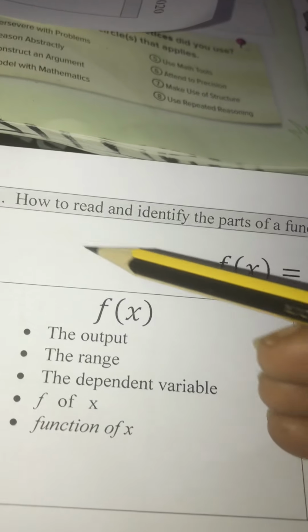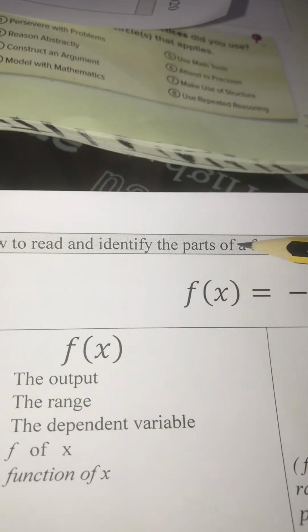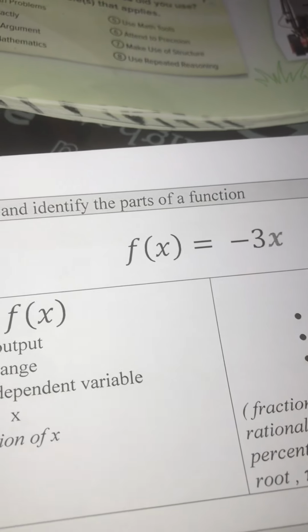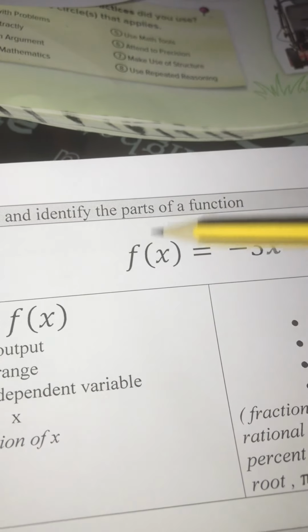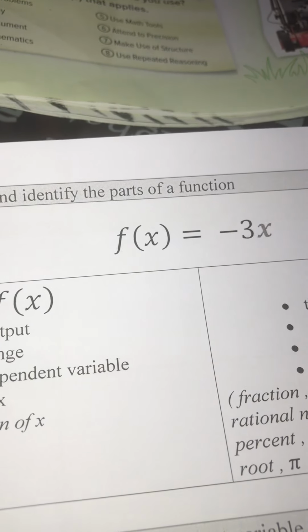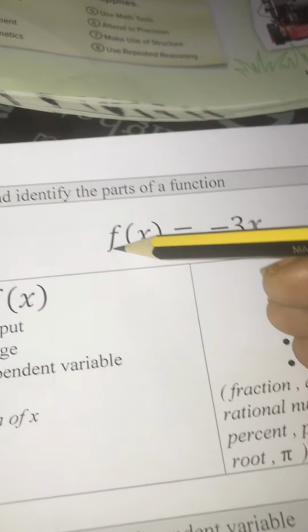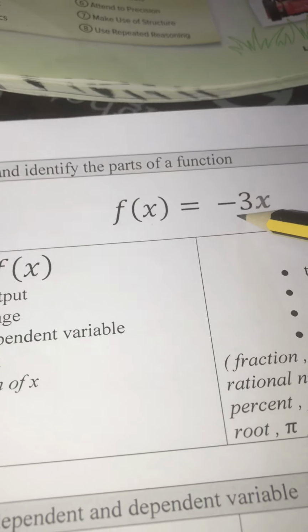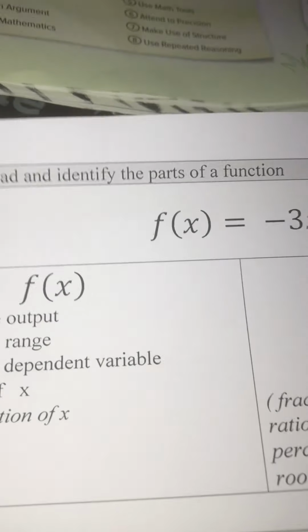Now, how to read and identify the parts of a function. f(x) = -3x. That's how I read this. f of x is equal to negative 3x. Or I read it as function of x is equal to negative 3x.